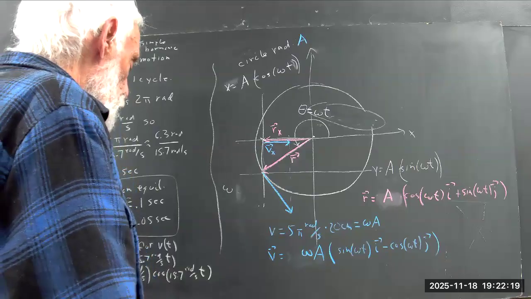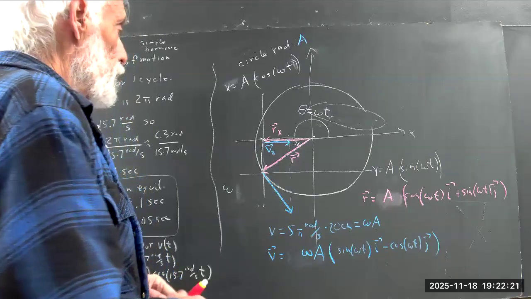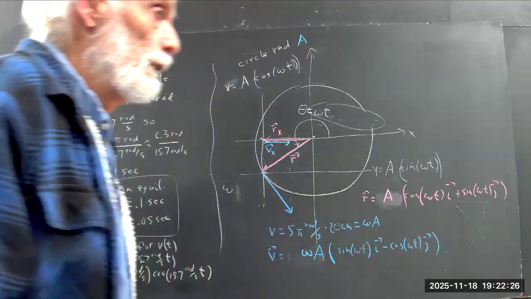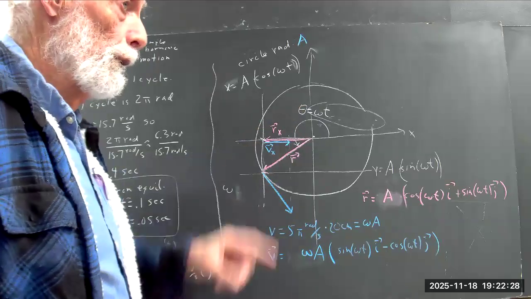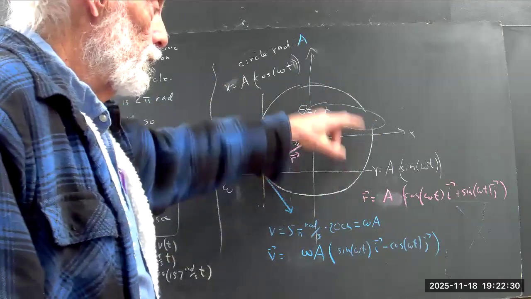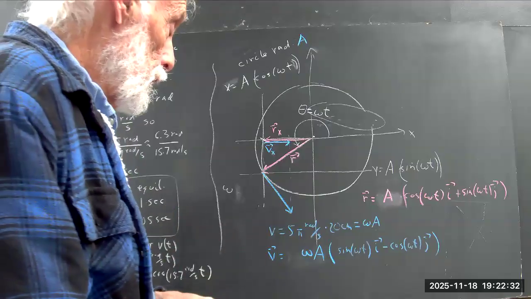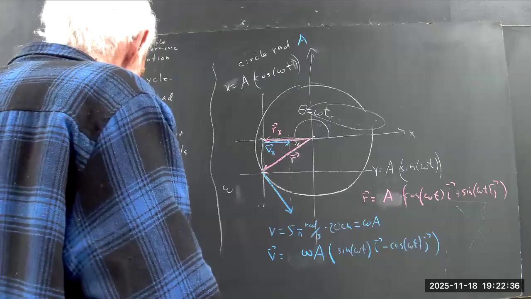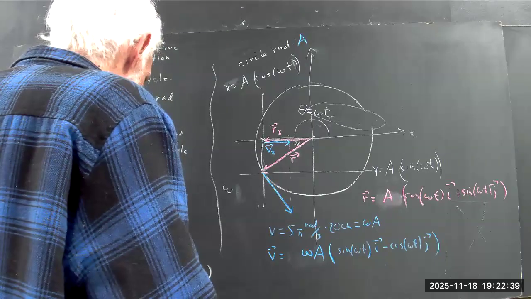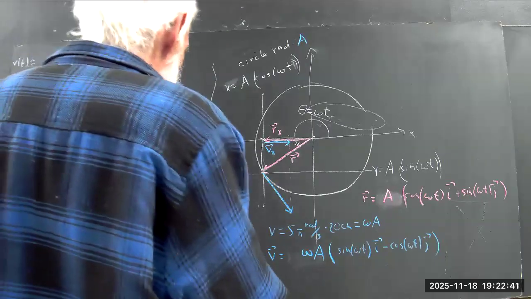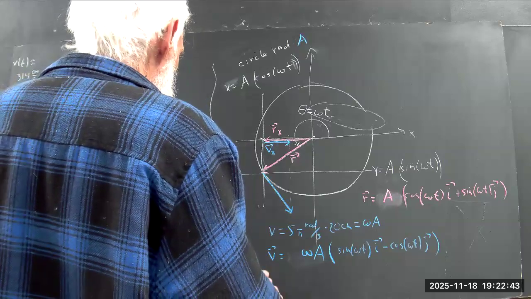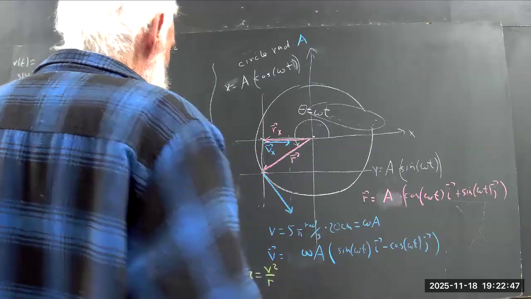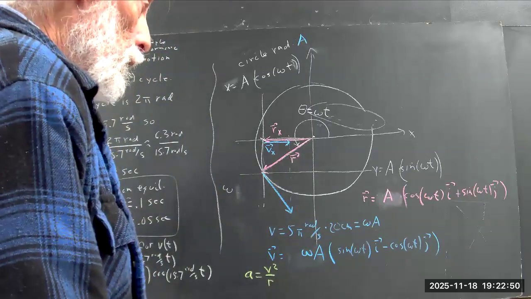If I want the acceleration vector, well, acceleration is just v squared over r, right? And what's the direction of the acceleration? Back toward the center of the circle, because we're moving along a circle at constant speed. So I can say, acceleration equals v squared over r.